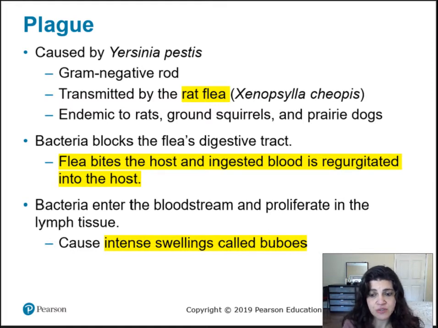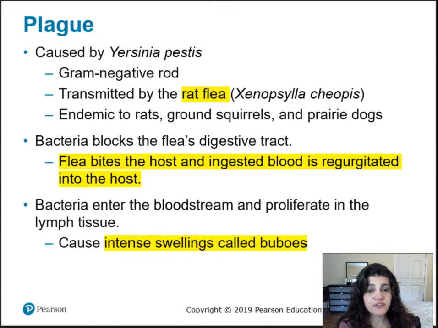So the flea can transmit the disease from a rat to you. If you are in a city where there's no sanitation, where sewers are open and rats move everywhere and can come close to your food and close to you, that's when the fleas come, right? Because they kind of follow the animals. And then you can get bitten by that flea and get sick.